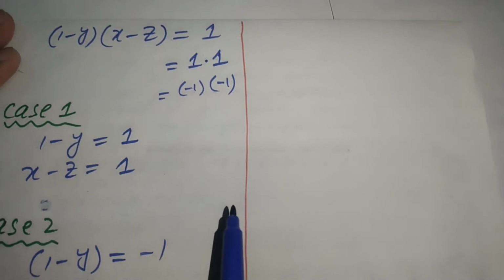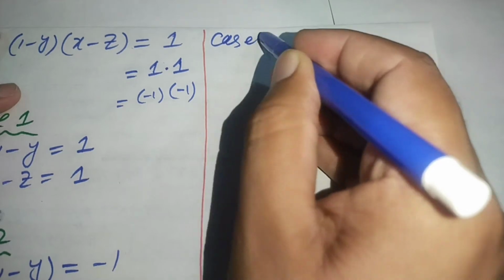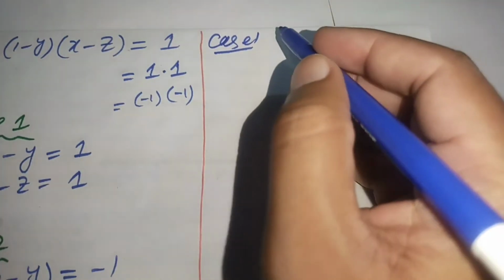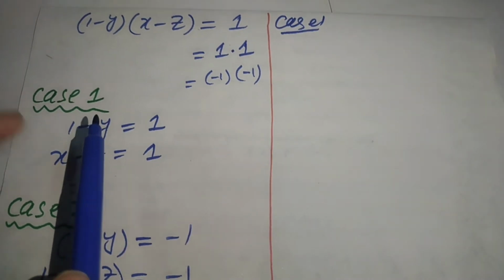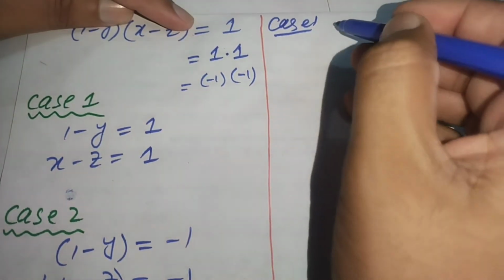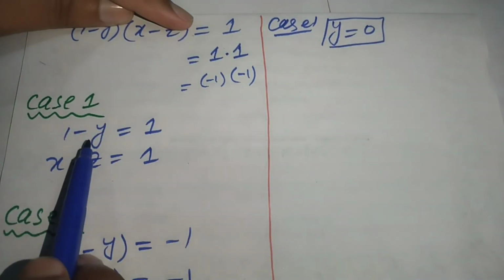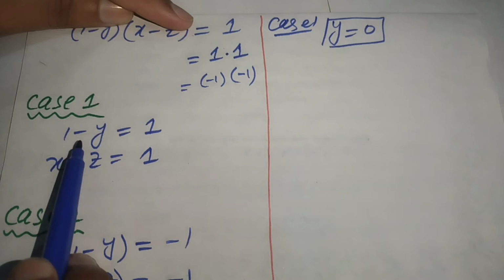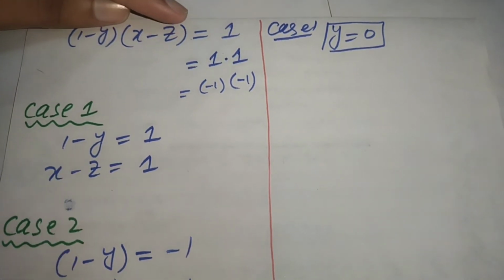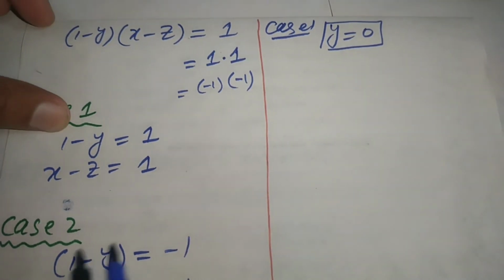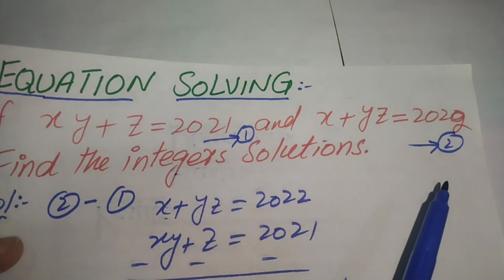First we solve case 1. In this term we find the value of 1 minus y and we get y is equal to 0. In order to find the values of x and z we substitute this value of y in equation number 1 and equation number 2.